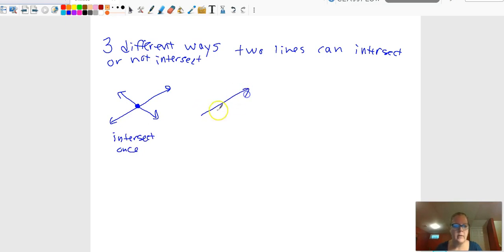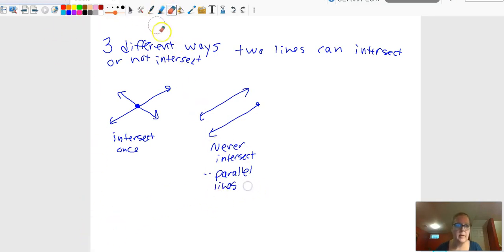You've got 2 lines that are parallel and they never intersect. So again, these are parallel lines, and when you have parallel lines, you have no solution.